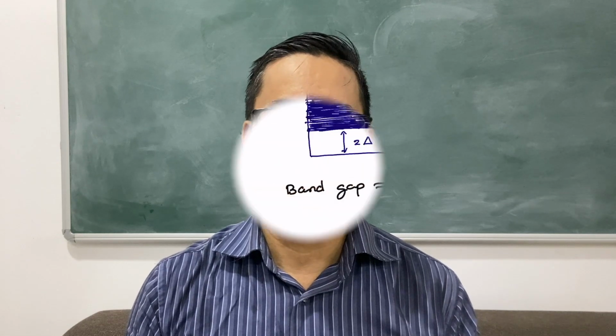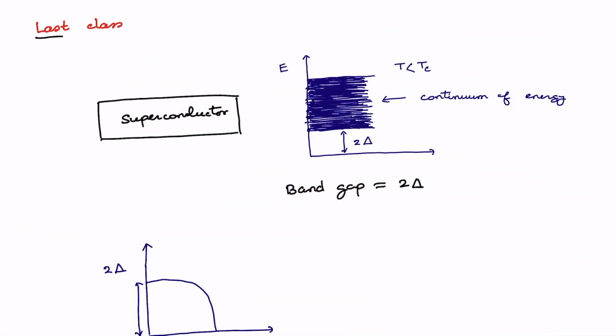So, let's begin. In the last class, we discussed briefly some properties of superconductors. There we learned that in a superconductor, the charge carriers are the so-called Cooper pairs, and these Cooper pairs are formed by two electrons coupled to each other via the phonon interaction.